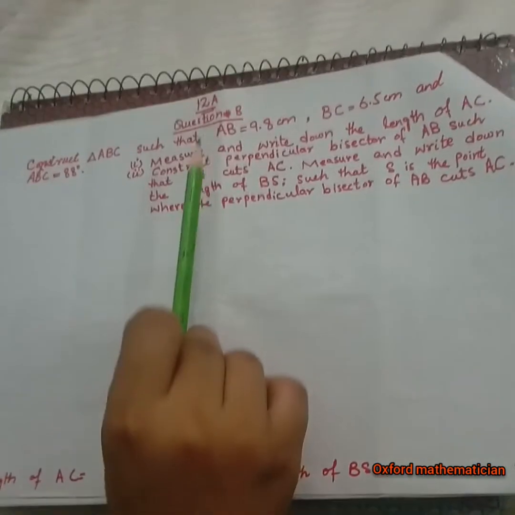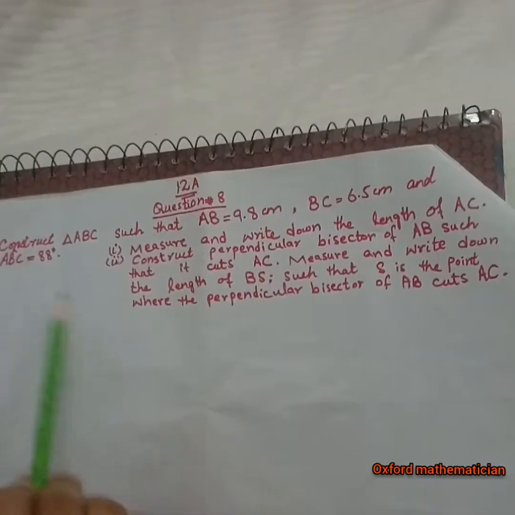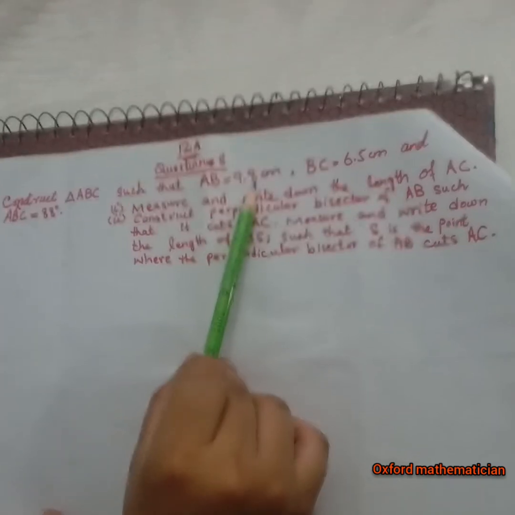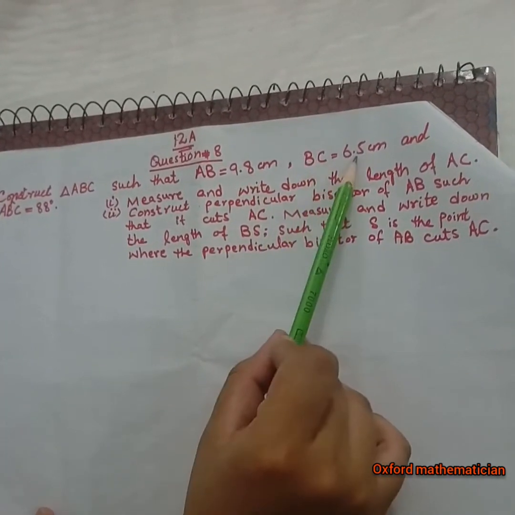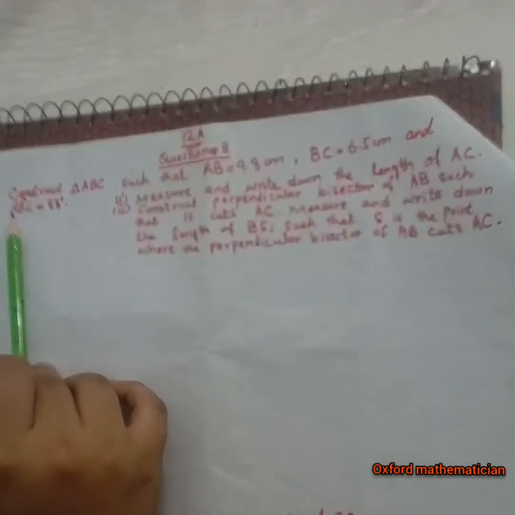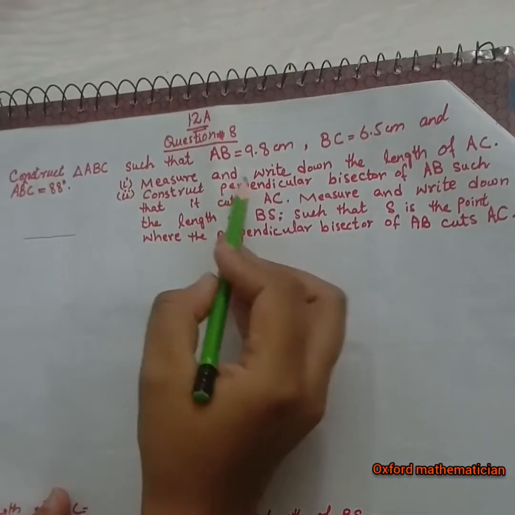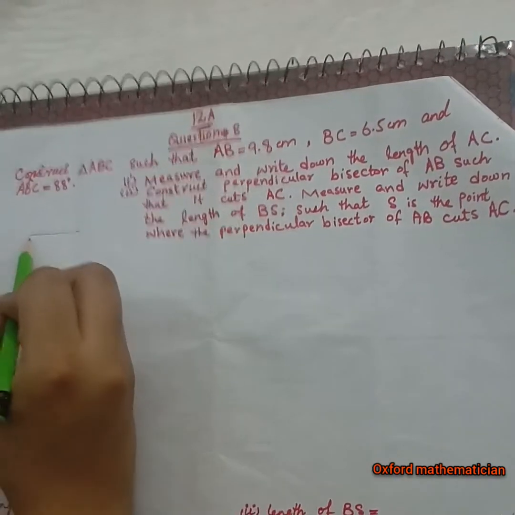Okay, here is question number 8. Construct a triangle ABC such that AB is equal to 9.8 centimeter, BC is equal to 6.5 centimeter, and angle B is equal to 88. Firstly, we imaginary draw it. Here is the baseline AB, 9.8 centimeter.